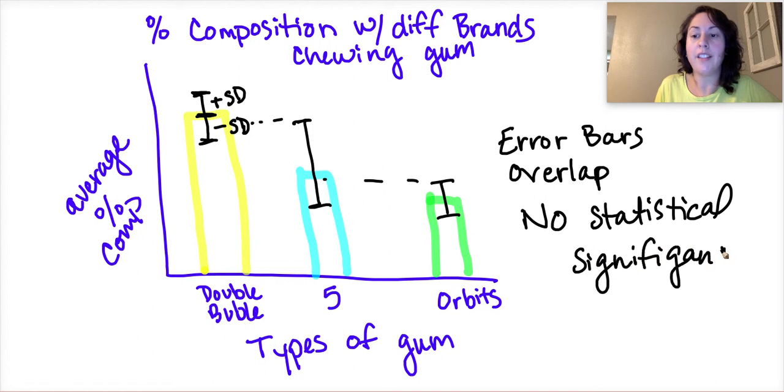So we may see that there's a trend, but it might not be statistically shown to be really significant, and so we can't say because our variation in our numbers is so big. But if you were to have error bars and there was no crossover, then we know that they would be statistically significant, and that's something we can talk about a little bit more with specific labs.